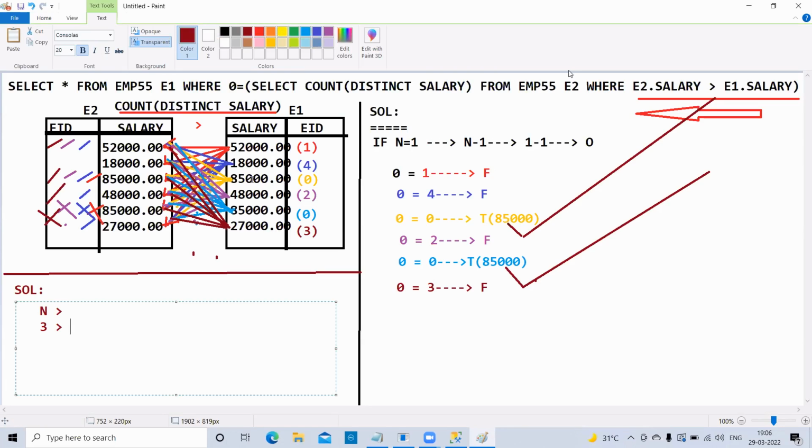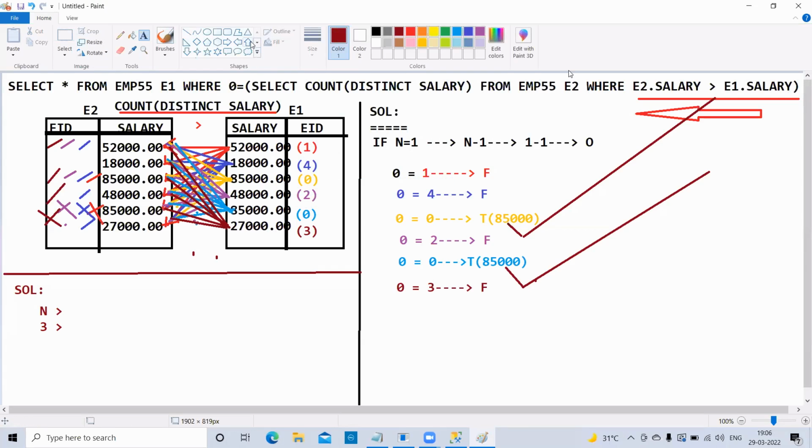Now the inner query executes and the counts are already there. Can you find your counts? Are you finding these counts here? Already we are finding them.